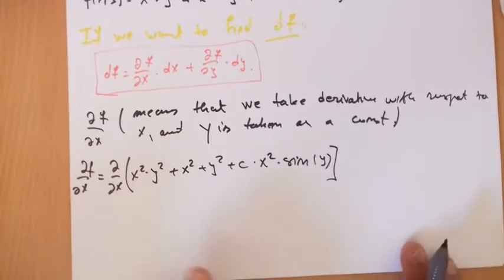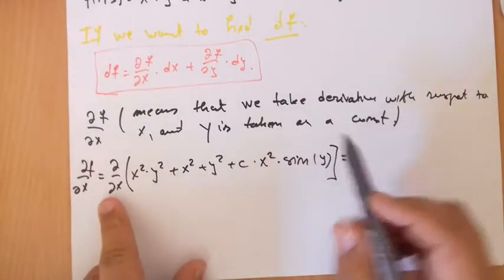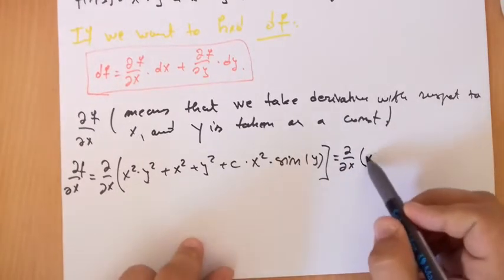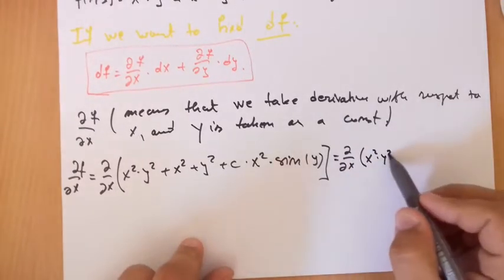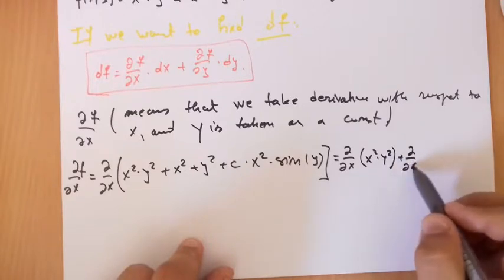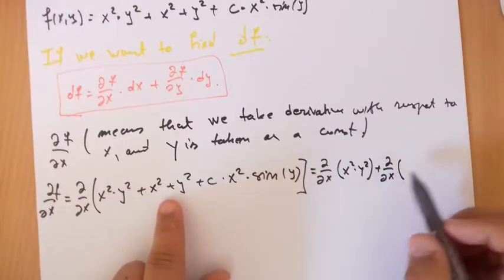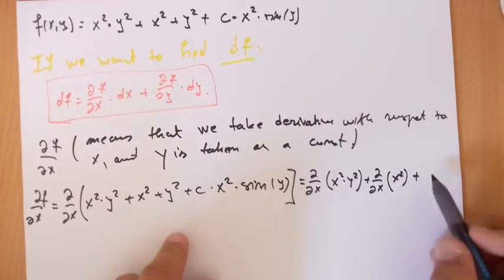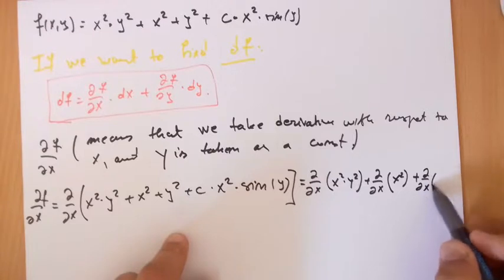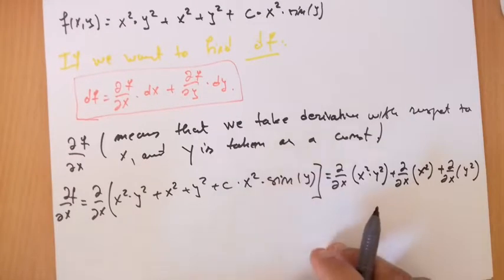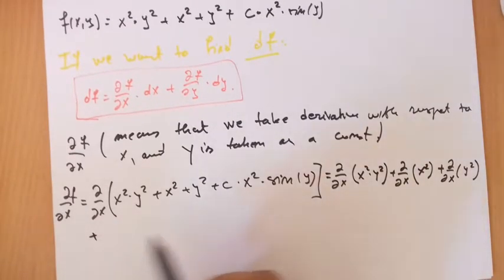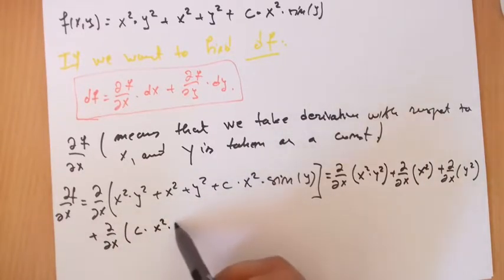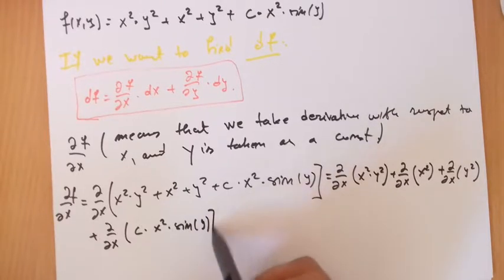So I can do it like this: partial of x of x squared times y squared, plus partial of x of x squared, plus partial of x of y squared, plus partial of x of c times x squared times sine of y.